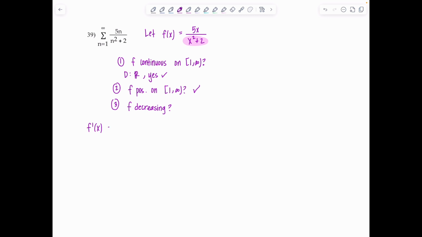F prime of x, quotient rule time. So we've got low d high minus high d low over low low. This is going to give me 5x squared plus 10 minus 10x squared over x squared plus 2 squared.